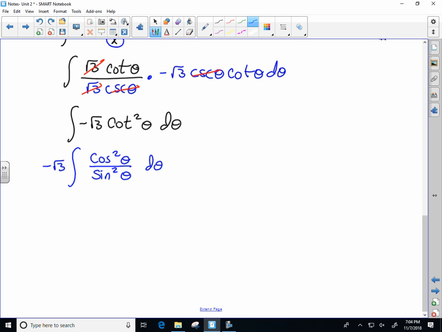All right. Now, I don't have a u that I could define here. I can't just say u is equal to sine squared because that's not going to cancel the cosine squared. But maybe there's a trig identity that I can apply. Do we know what cosine squared is equivalent to? One minus sine squared.